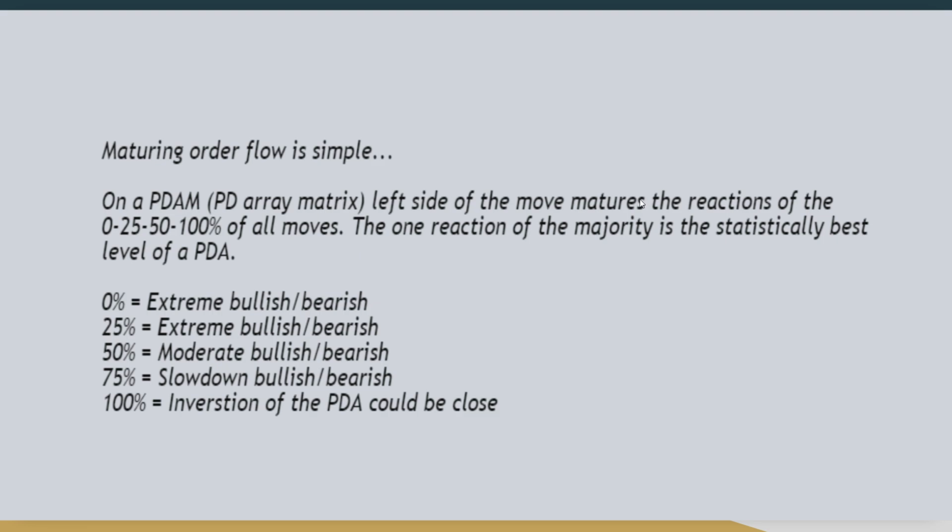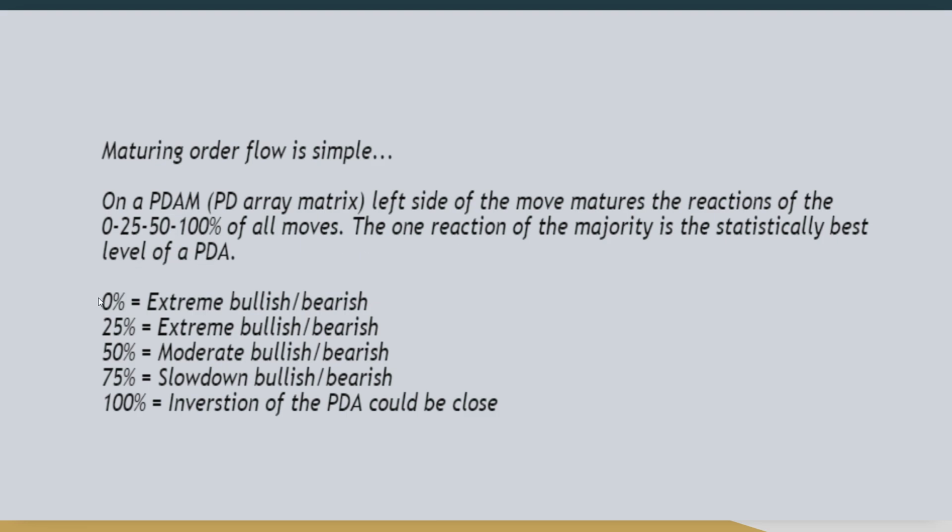All right, measures the reaction of the 0 to 25 to 50 to 100% of all moves. So you pretty much measure all PD arrays in the PDMA matrix with 0, 25, 50, and 100. All right, the one reaction of the majority is the statistically best level of PD arrays.